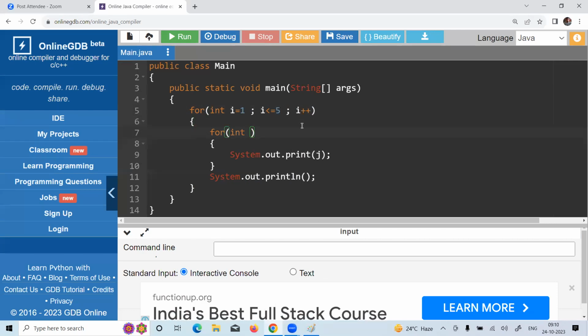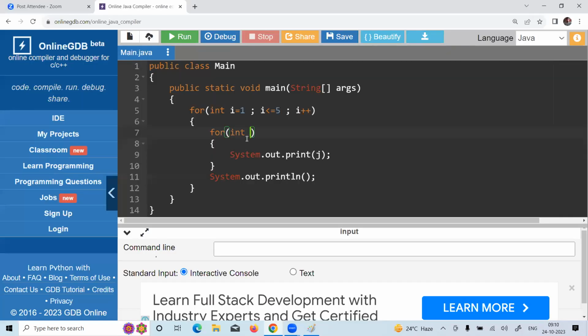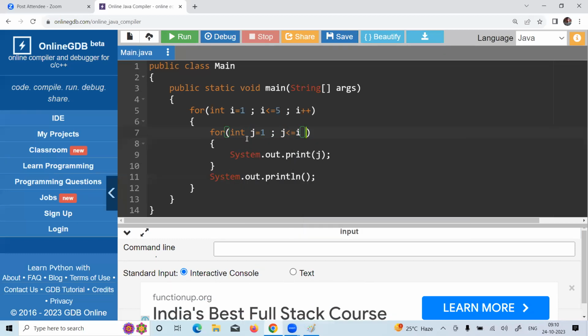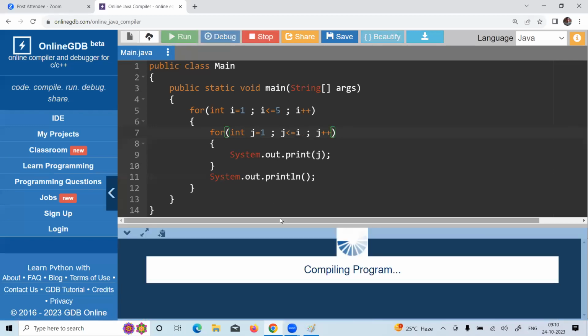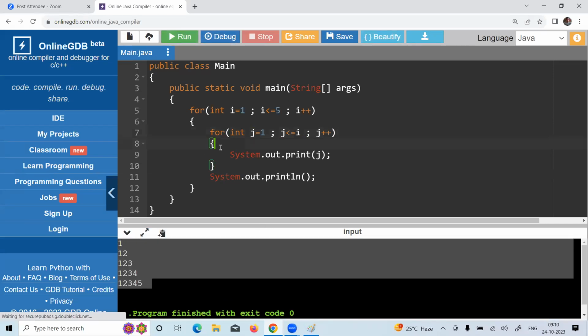Inner loop: J equals to 1, J less than or equals to I, J plus plus. When you print J, it will print the first one. Look at the output, the first one printing.